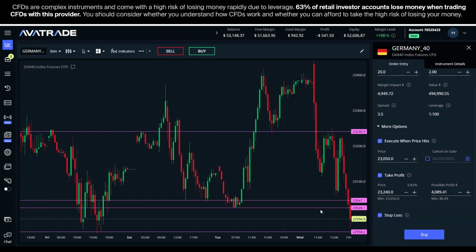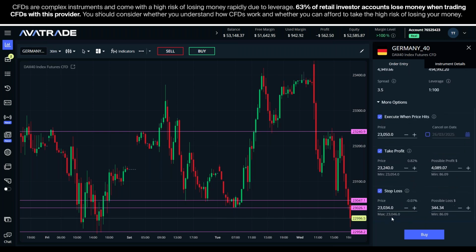Stop loss then, if I'm entering at 23,050, my stop loss could be back below this price level here, which could be 23,000 even, or just below, back to where it is now actually, 22,990. So stop loss back below that 23,000 level to get back below this level. So it would have to establish a downtrend again in order to get out, okay?